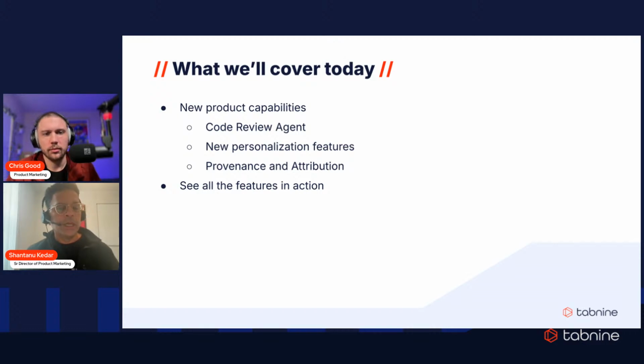This includes the ability to create as well as share custom commands with your team, custom chat behaviors, as well as the ability to set the response length for AI chat. And then lastly, we'll look at the provenance and attribution feature. This feature enables you to minimize the risk of IP liability when using third-party models with Tabnine. And just like in every other session that we have, we'll do a live demo and go through all these capabilities.